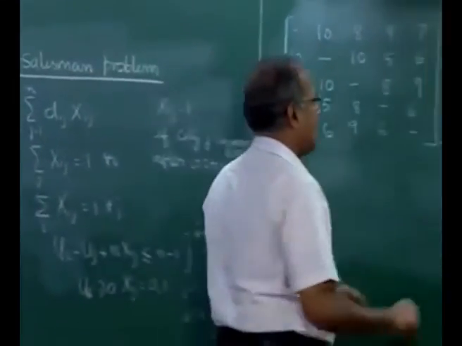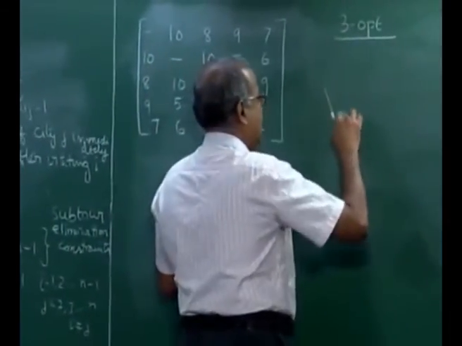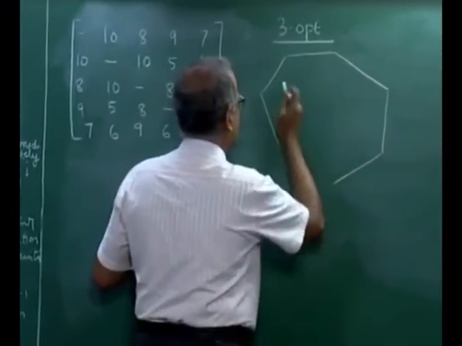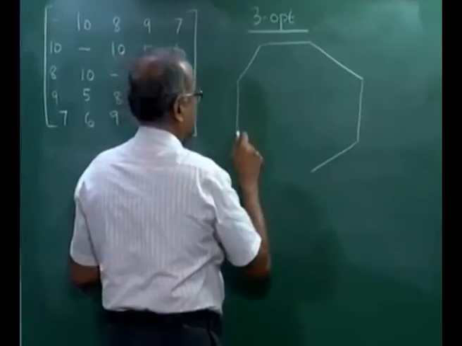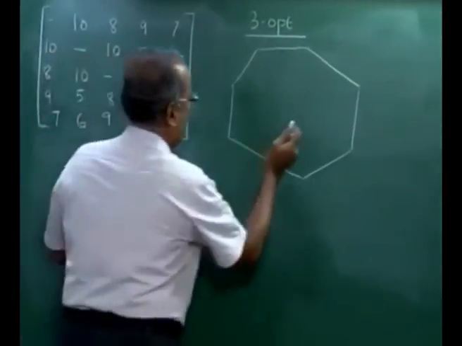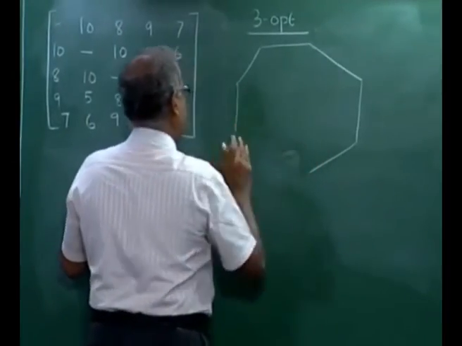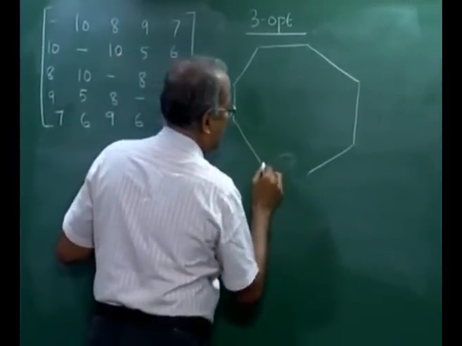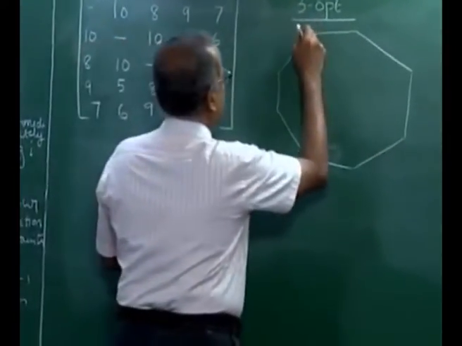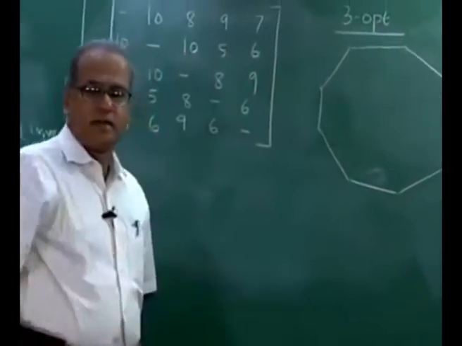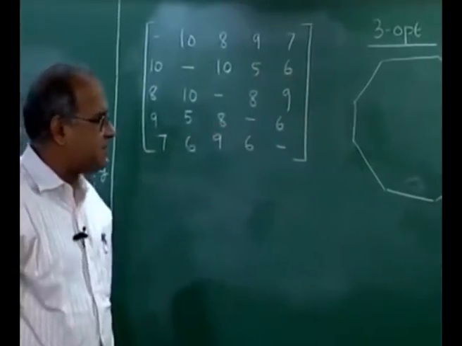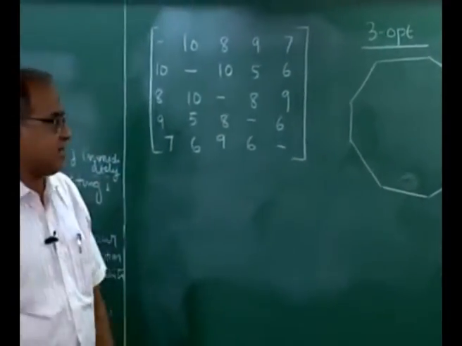So, if you have a large TSP, now let us assume this is a solution: 1, 2, 3, 4, 5, 6, 7, 8, 1. This need not be the optimum or the best solution. This is a TSP with 8 nodes or 8 cities.